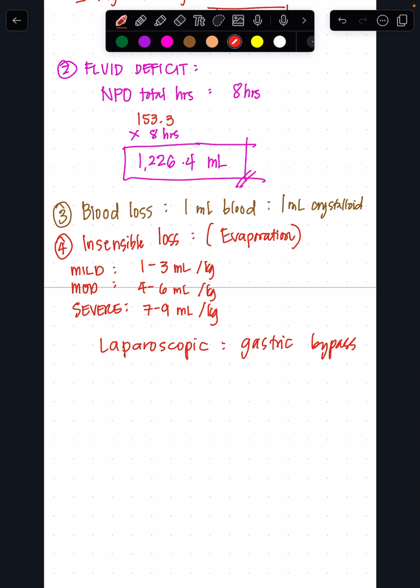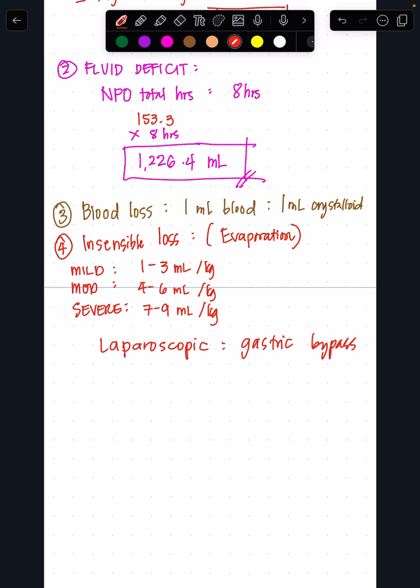This case usually does not have much, it's just small holes. You really don't lose much blood there, and you also don't lose a lot of fluid from evaporation, since it's not really open.